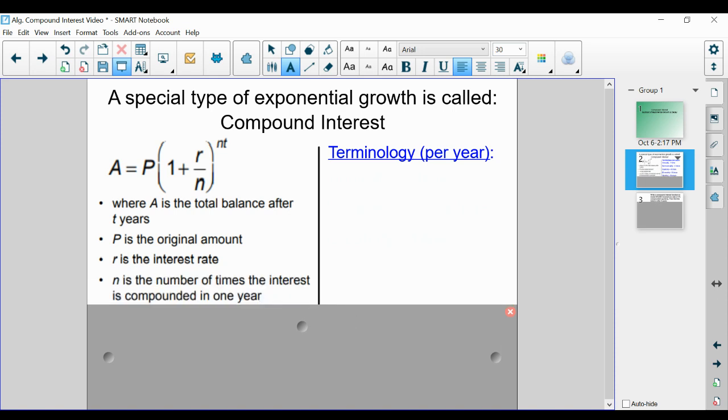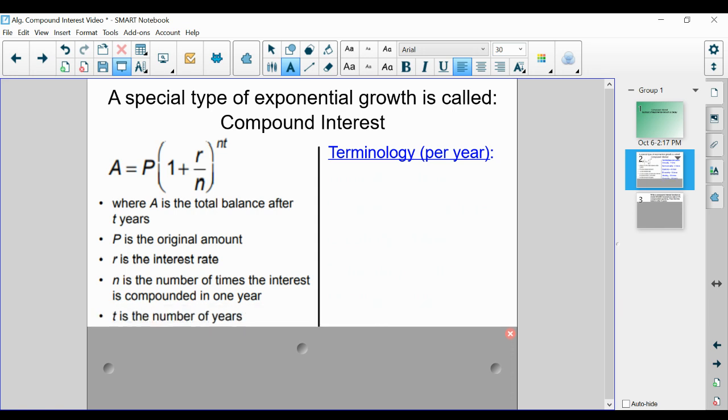N is the number of times the interest is compounded in 1 year. We're going to talk about specific values and how we apply them very soon. And again, t is the number of years. Once we find these specific values, we can substitute them in, calculate, and then solve.